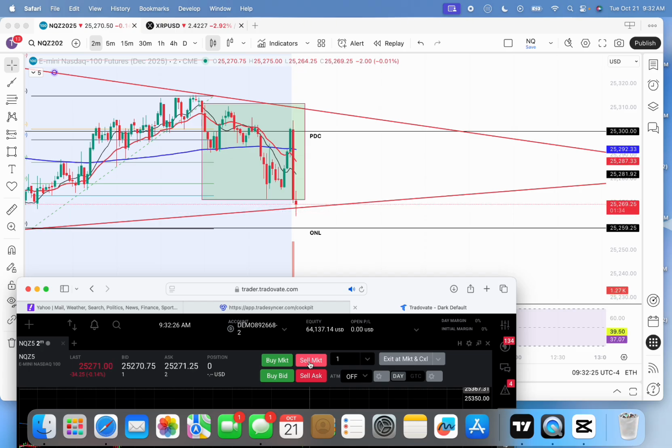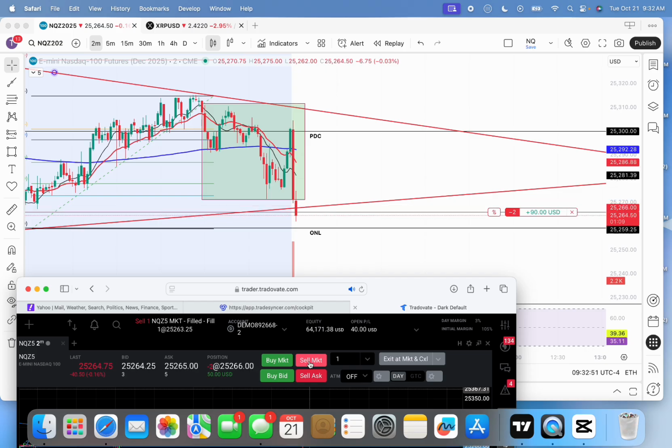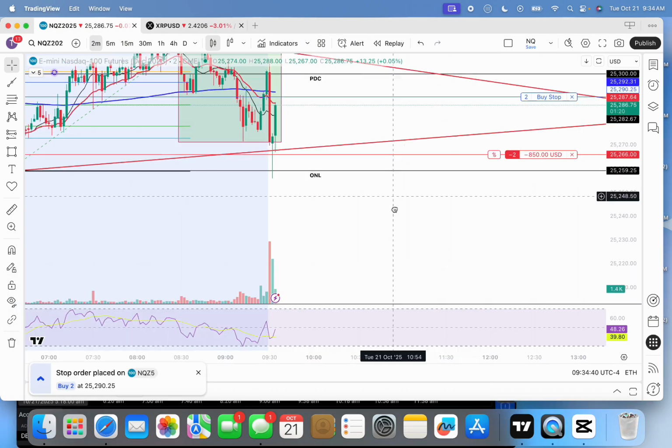I can see it go up just a little bit. Trying to reject here at the overnight low. Might get stopped out here.